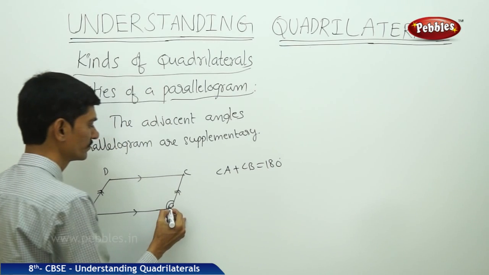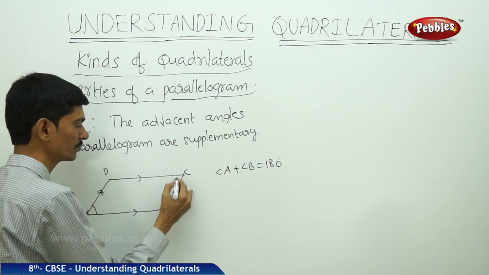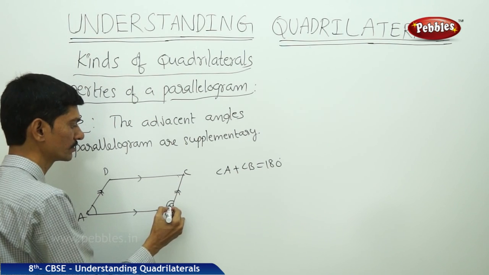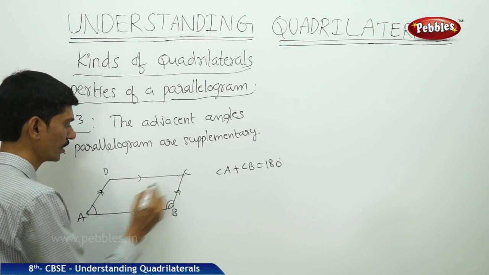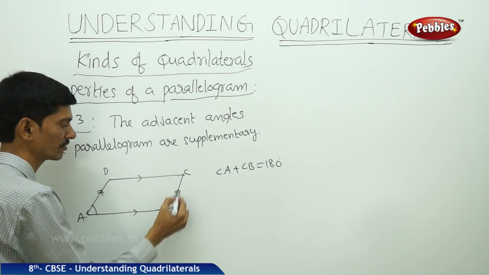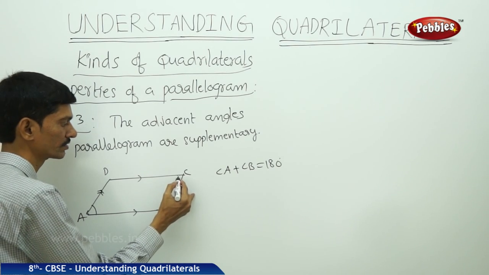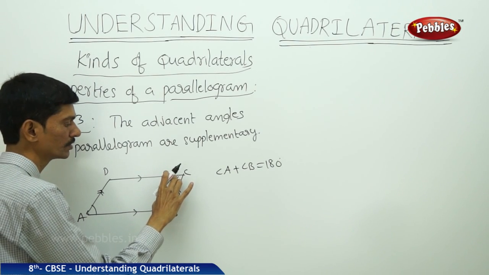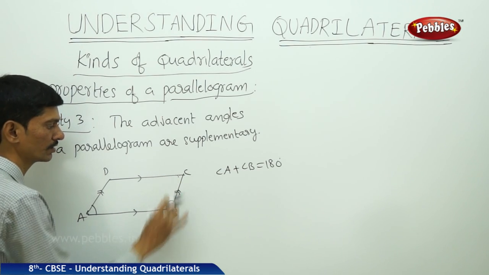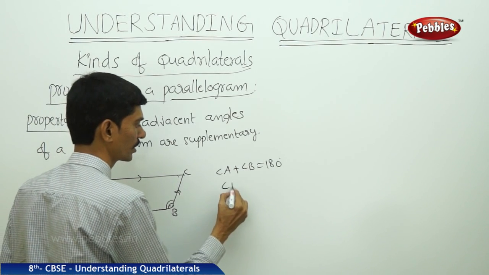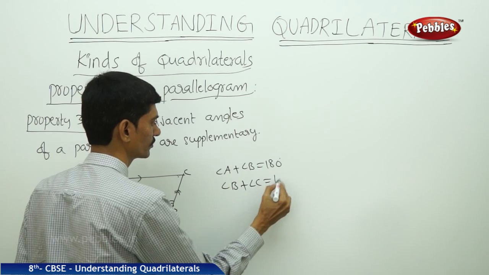So similarly angle B plus angle C, so these two are also co-interior angles because DC parallel to AB and here BC is the transversal. So angle B and angle C are two consecutive interior angles or co-interior angles. So we can write that angle B plus angle C equals to 180 degrees.